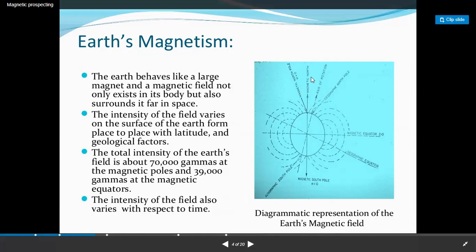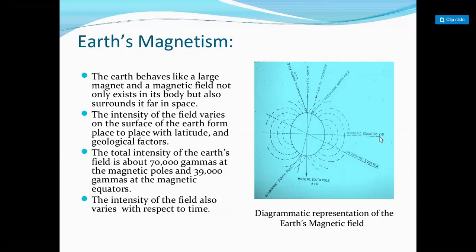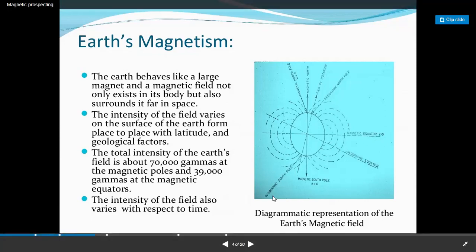We have to divide it into four. The first one is the magnetic South Pole and magnetic North Pole. The second one is the magnetic equator, where Z is equal to 0. Two axes are available here: the geographic South Pole and the geographic North Pole. Here also the magnetic North Pole, where H is equal to 0, and the geographic equator.